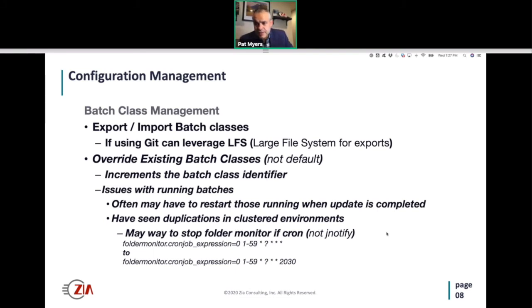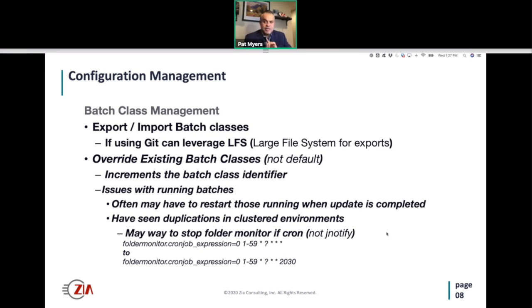I do have a question coming in. How can you use Git for Ephesoft for doc type export to production? Can one automate it if one is new to Git? Okay, so there's a way that you can export. We're talking about batch class export right now, but there are ways that you can do a doc type export as well.